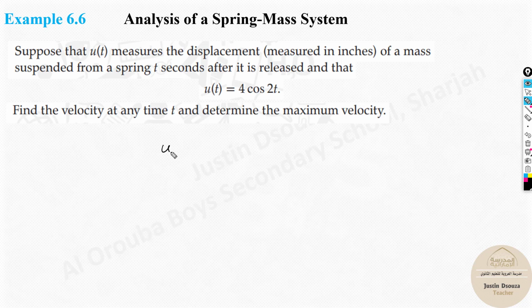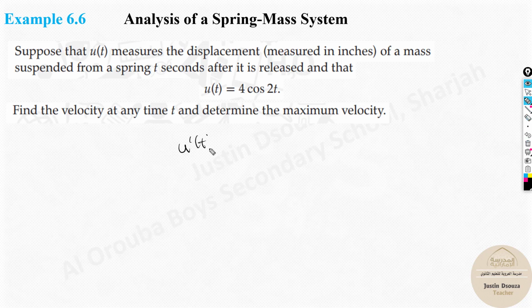If displacement is given as u of t, and you differentiate it, u dash of t is velocity. We have done this in previous lessons, so please remember, when you differentiate displacement or position, you get velocity. So basically the first step is to differentiate this. Let's do it quickly.